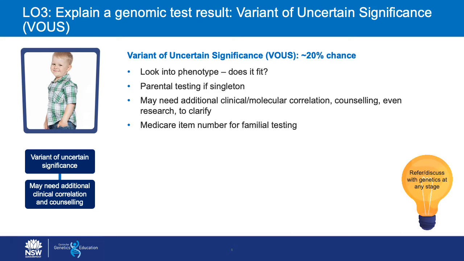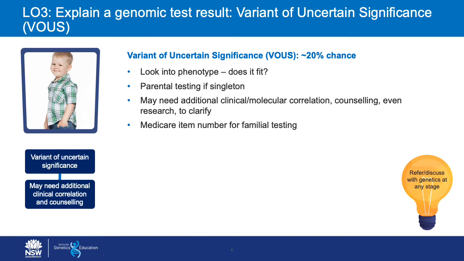For further clarification, if the genomic test ordered was a singleton exome, parental testing may be required. If the change is inherited from a well and healthy neurotypical parent, it is less likely to be significant. A Medicare item number is in place for familial testing.